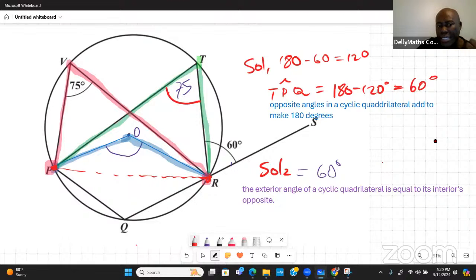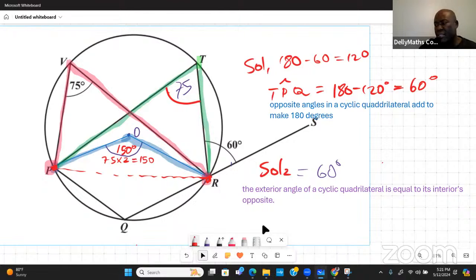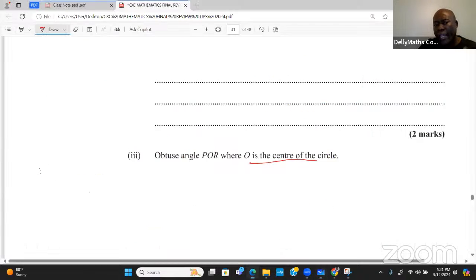So that means for this angle, I need to say 75 times 2 is going to be 150. This is 150 degrees. Angle at the center is 2 times the angle at the circumference, or angle at the circumference is half the angle at the center. And with that said, we were able to manipulate this. So that is what you should do right there. I would have just said 75 times 2, and this gives me 150 degrees.